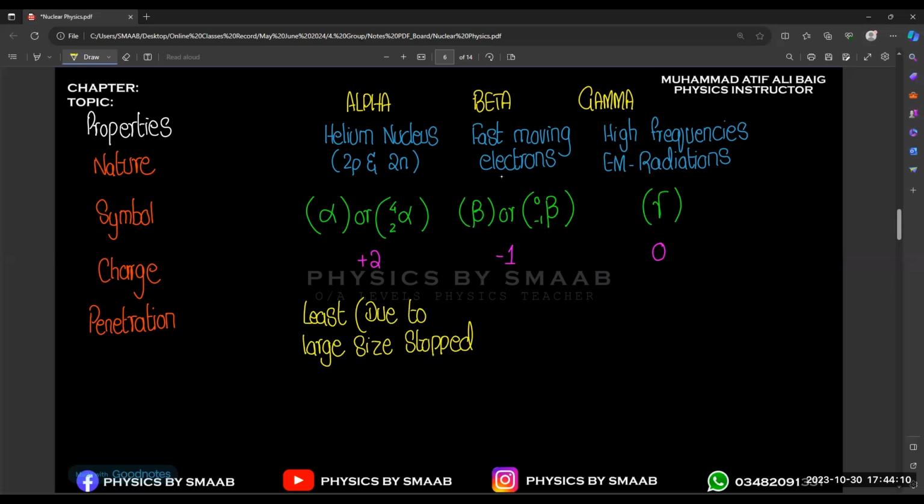If you take the example of a tennis ball and a bullet, it depends upon the size. Just like the example of the fork and the thumb pin that we discussed in pressure, the pressure of the thumb pin is the greatest because its surface area is negligible, so it can easily penetrate, right?